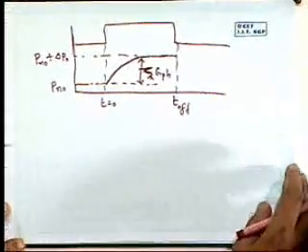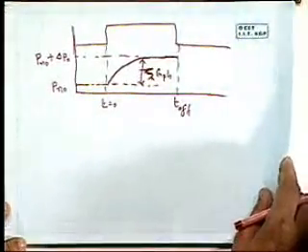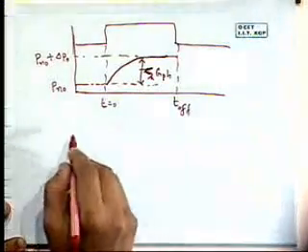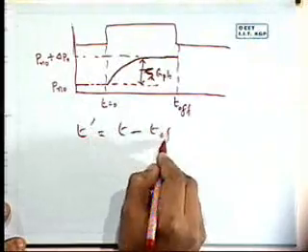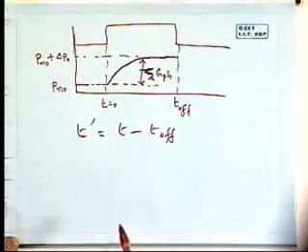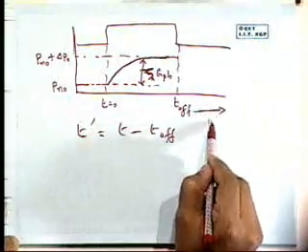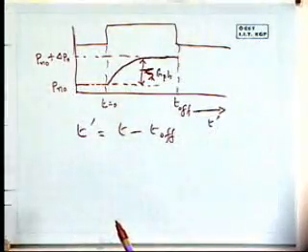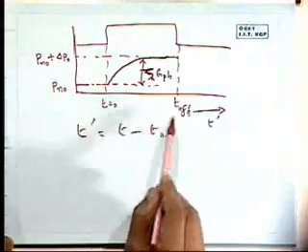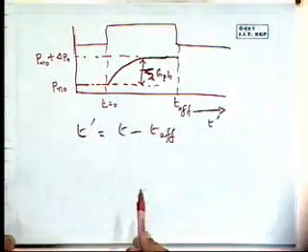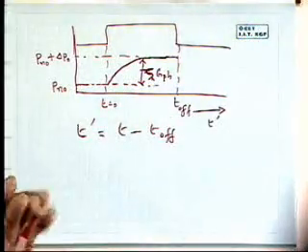So what we'll do is take T dash equal to T minus T off. In other words, beyond this, I'm introducing a variable T dash, which is measured with respect to T off. My starting point in that scale is T off.